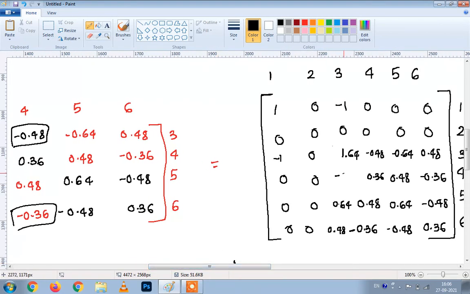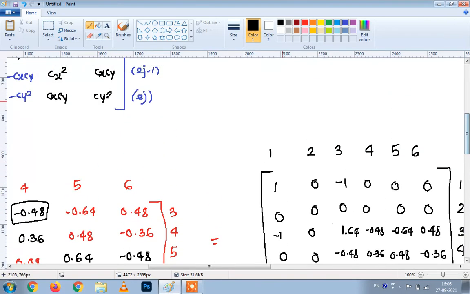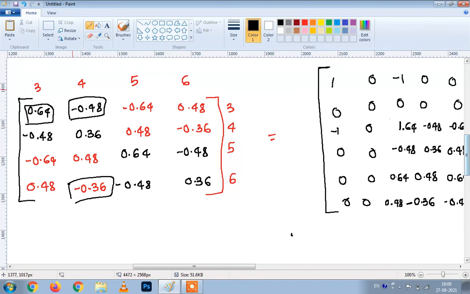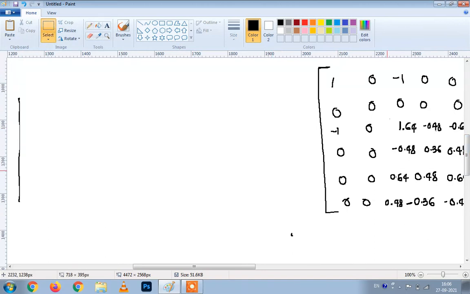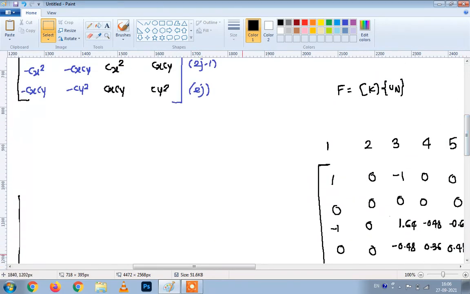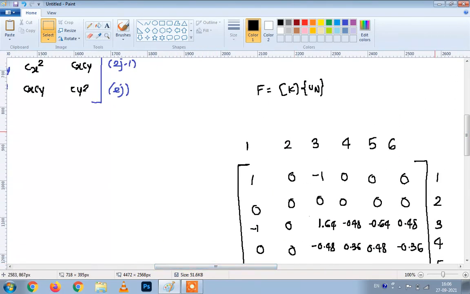In this way we have completed our global stiffness matrix. Now after this, we know the formula that F is equal to K into U. If I talk about this force matrix, I will erase this because I need this space here. This is our value K.